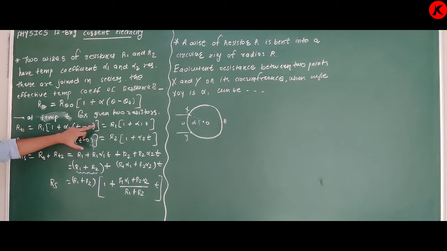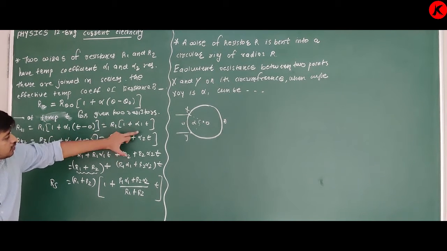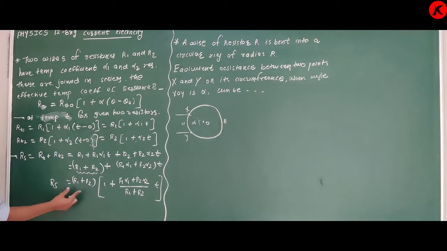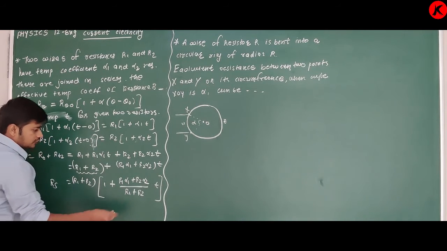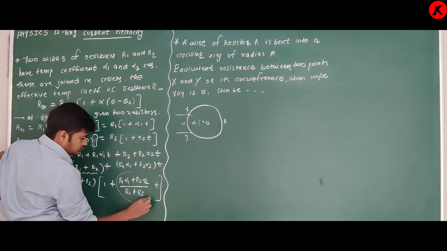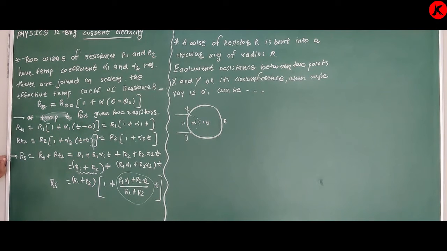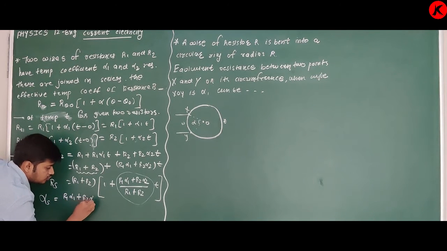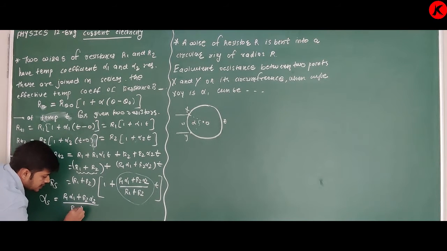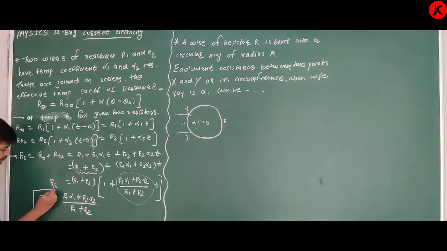See, for the first resistor there is only resistance R1, and for the second only resistance R2, then the form 1 plus temperature coefficient into temperature. So for the series connection, the total resistance is R1 plus R2 into 1 plus this whole term, which you can call the temperature coefficient alpha for series connection, that is R1 alpha 1 plus R2 alpha 2 divided by R1 plus R2.